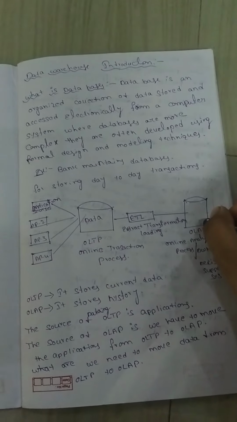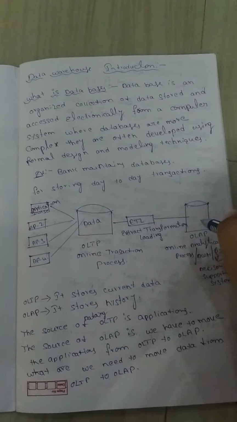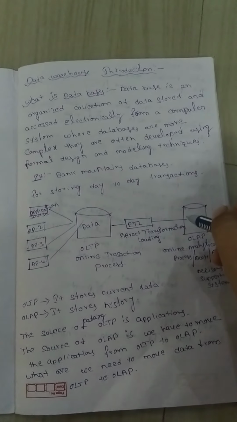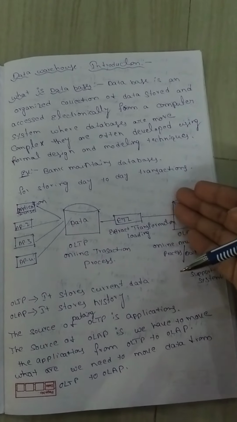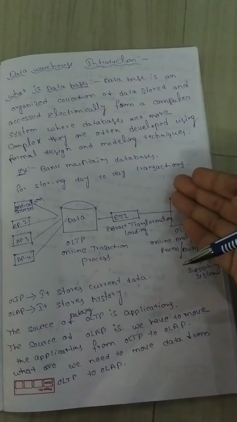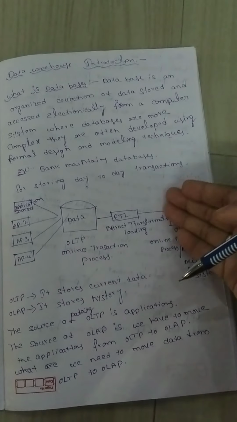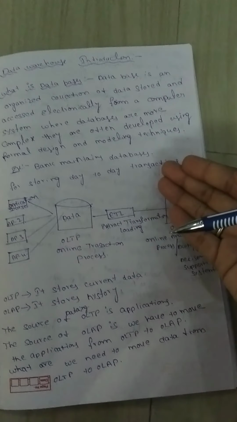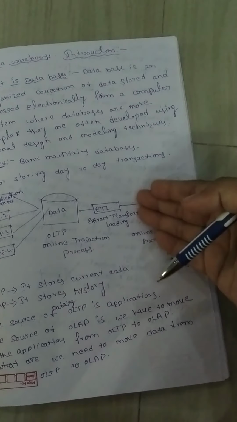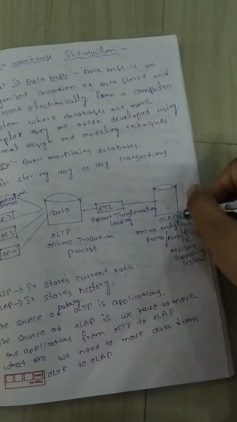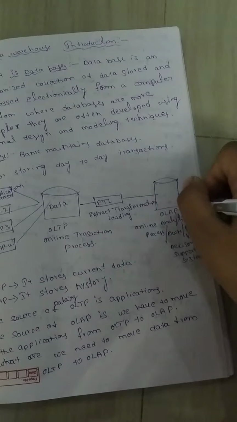What is history? It is nothing but whether the customer previously invested in different types of sales, or whether the customer opened any sales account previously. That information is all stored in online analytical processing.